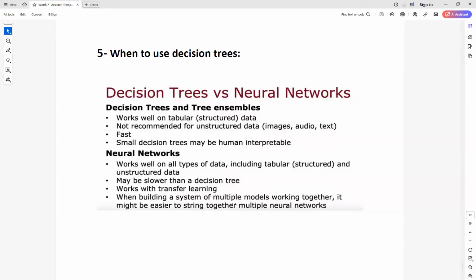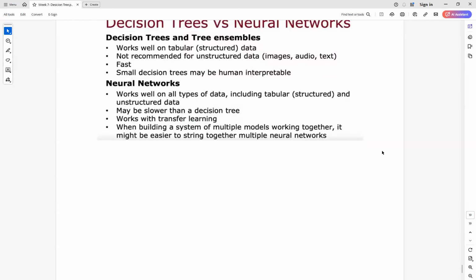And then, when building a system of multiple models working together, it might be easier to string together multiple neural networks compared to multiple decision trees. So these are some pros and cons of decision trees and neural networks. It depends on the structure of your data, your problem, and your output. You need to choose one of them.